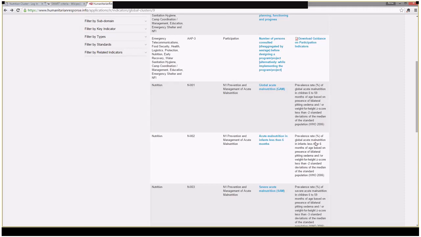You can as a cluster collect this indicator, and this is very important because I saw in many situations that you put all kind of nice indicators but you just cannot report on them, or you cannot monitor them, and then what is the point to select this indicator? For example, you want to put exclusive breastfeeding in children 0 to 6 months.